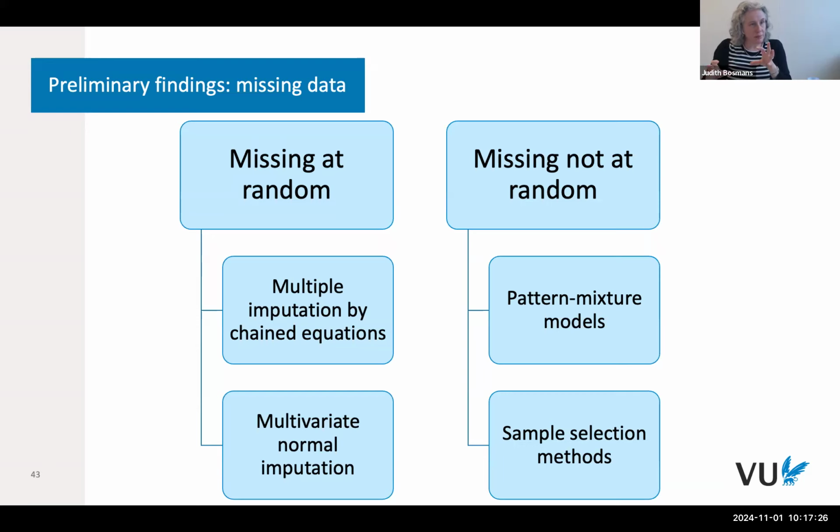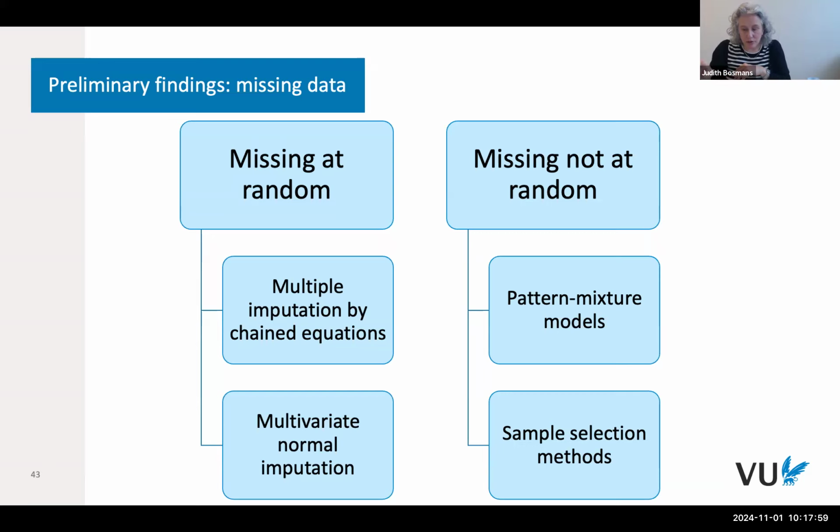And then per missing data pattern, you specify a missing data model. So it's actually quite complicated to do these analyses. But because missing not at random data in real world data is very often present, it might make sense to do a sensitivity analysis with either pattern mixture models or sample selection models.